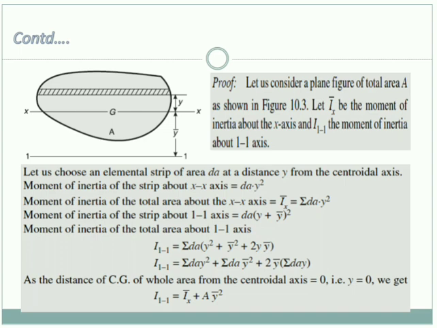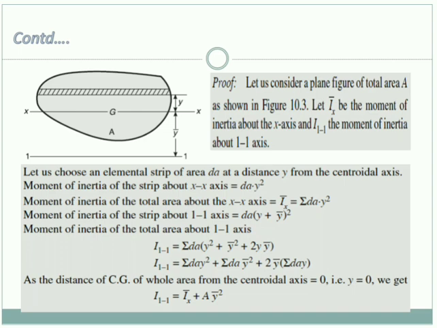Now interestingly, the distance of the CG of the whole area with respect to the centroidal axis will be 0, because we are standing on the centroidal axis itself, and if we want to find the distance between the CG and the centroidal axis, of course the distance has to be 0, because CG itself lies on the centroidal axis.